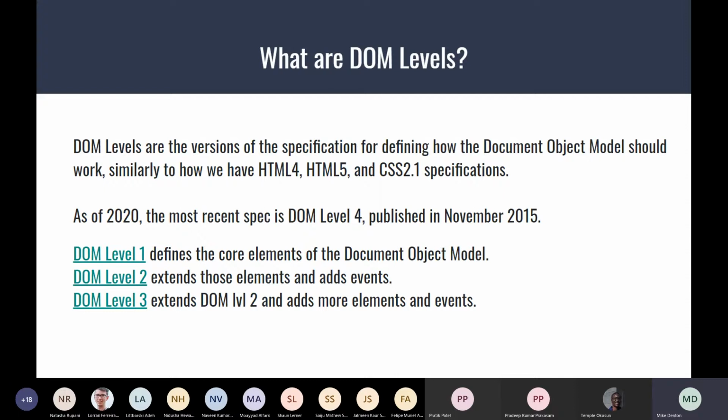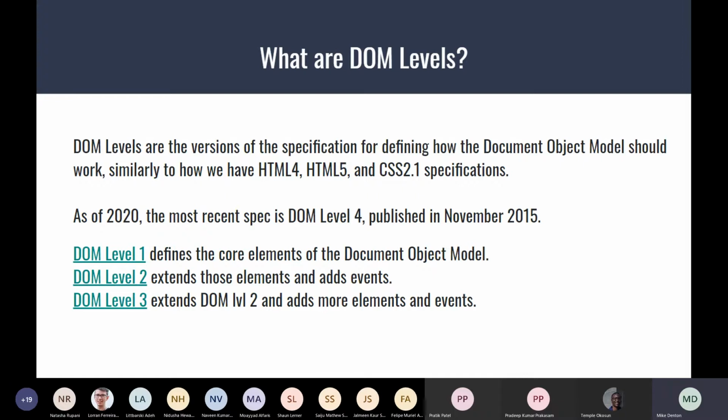Similarly, we had HTML 1, 4, and HTML5, and specifications for CSS. Even for JavaScript, we have ECMAScript and ES6. The DOM itself has a versioning system, a specification, which makes sense, right? Sometimes when you see these things intermixed, you have to remember that it's because there are older ways of doing things and newer ways of doing things.